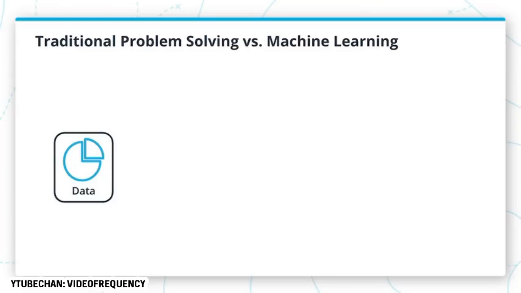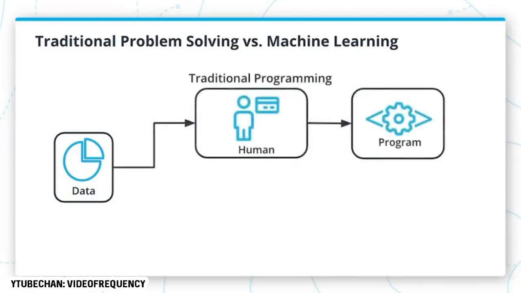Now let's see how machine learning helps solve problems and how this differs from traditional problem solving. In traditional problem solving with software, a person analyzes a problem and engineers a solution in code to solve that problem. For many real-world examples, this process takes a lot of time.